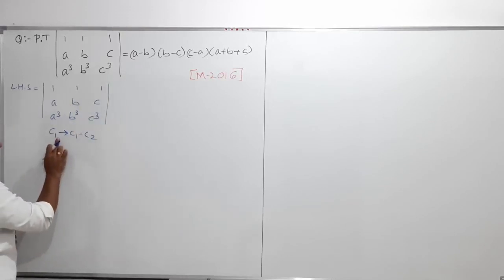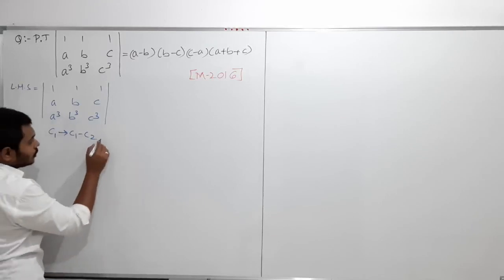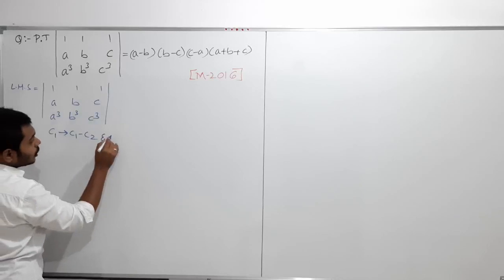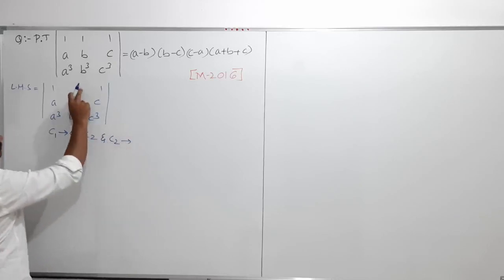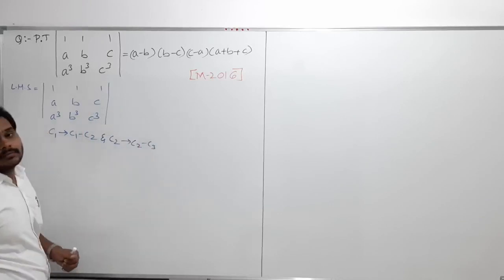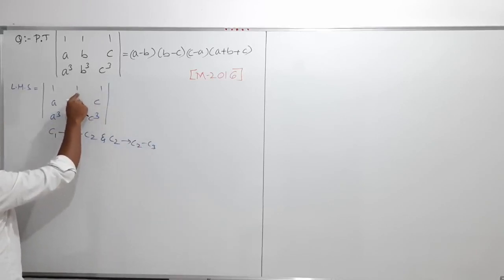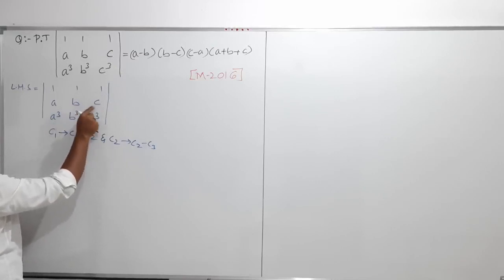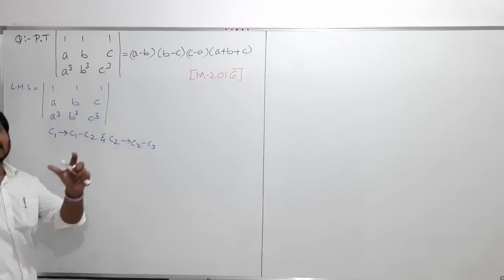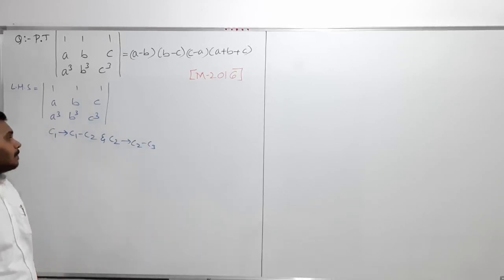Another operation: C2 changes to C2 minus C3. 1 minus 1 gives 0, and b minus c, this element minus this element, brings you closer to the RHS part. So I am applying these two operations.